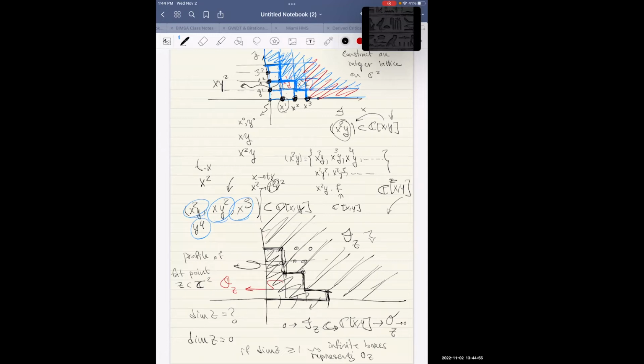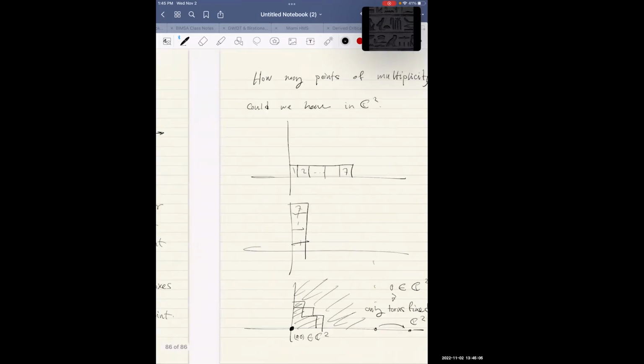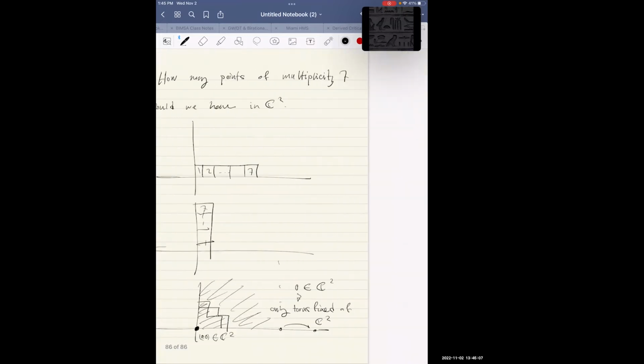So anything cornered like this is reminiscent of a torus fixed point inside C2. So this was a beautiful thing. And I think one of the people who introduced this representation to the mathematics community is actually Andrei Okounkov.